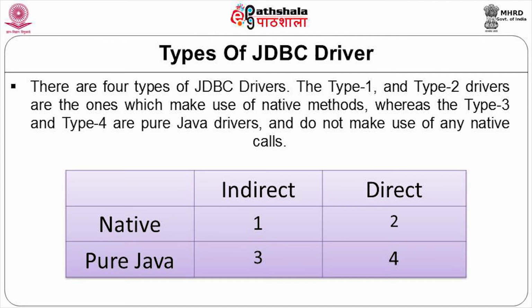If it is direct, we have type 4. So that way we got 4 types of JDBC drivers: type 1, type 2, type 3 and type 4, depending on how the implementation comes. Because there are implications: if something uses native methods, then there is a dependency, making it available for all platforms.